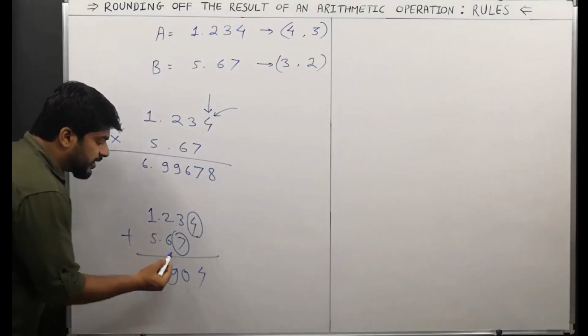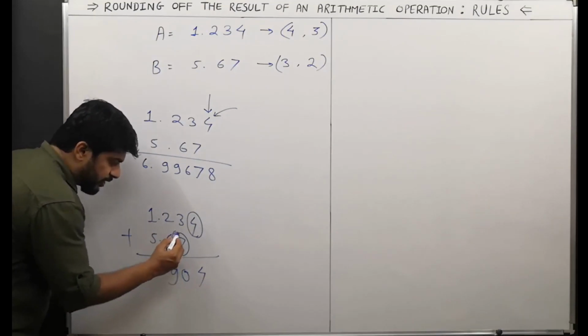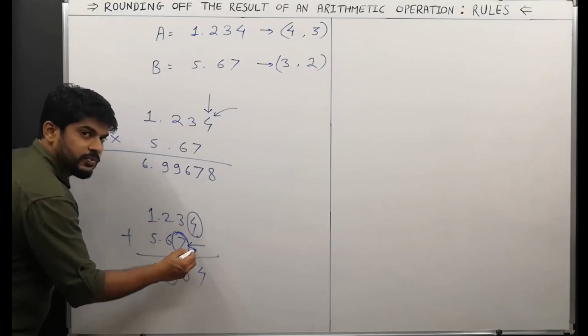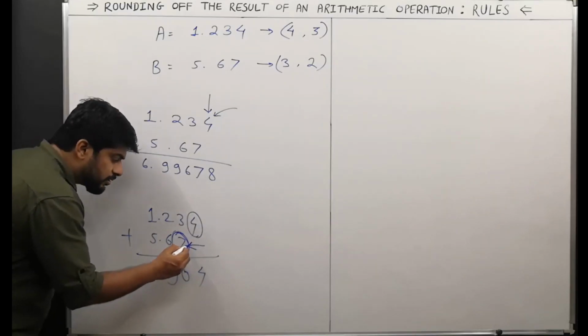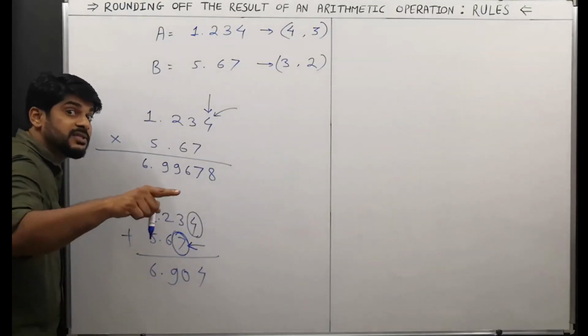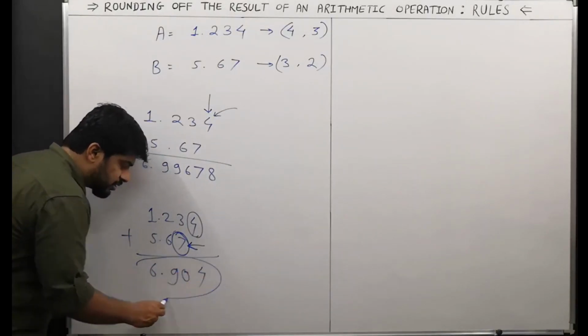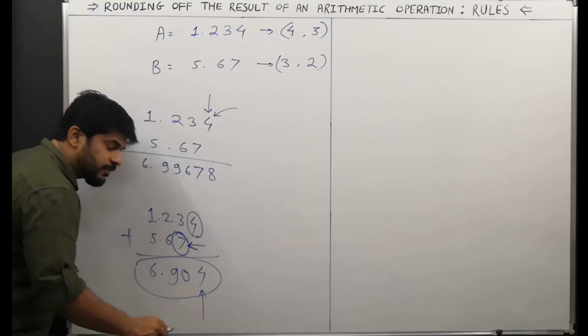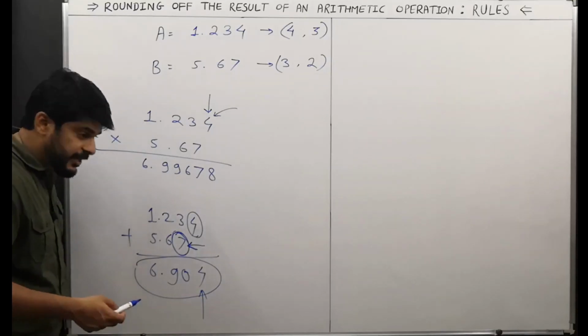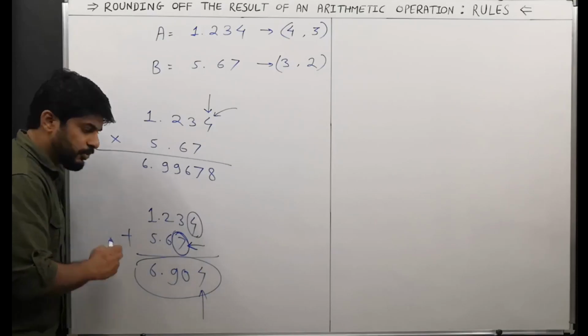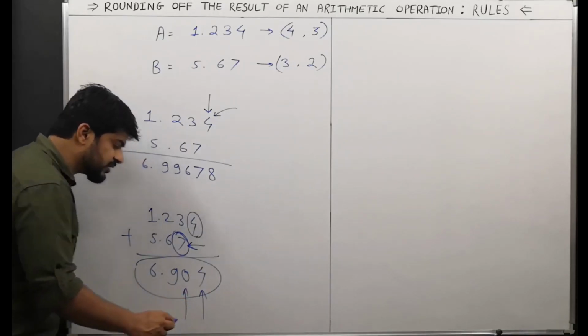Here already the second decimal place possesses that uncertainty. So should we be writing the third decimal place over here? Is it necessary? Because already there is uncertainty in this number.